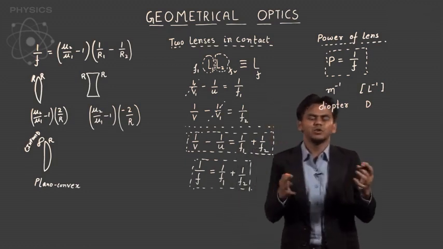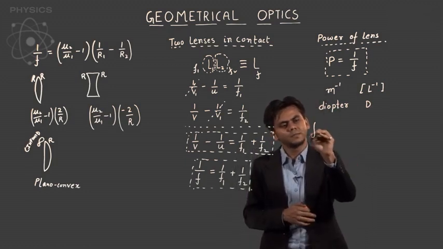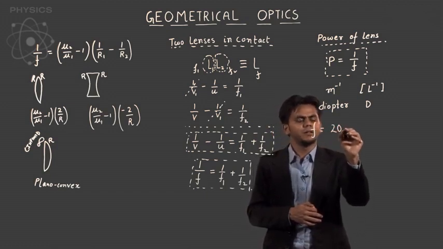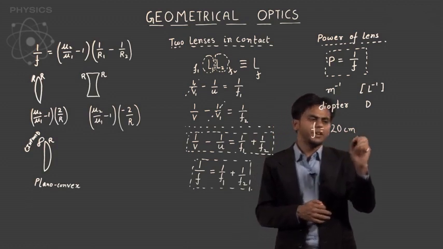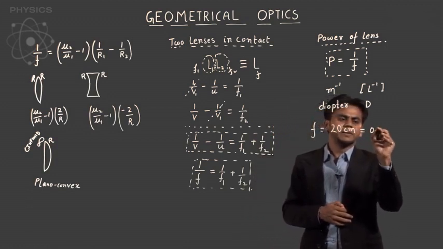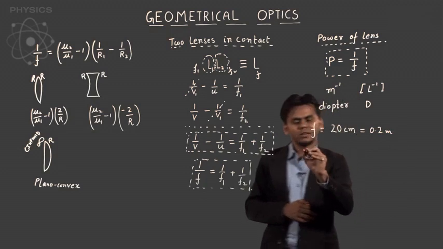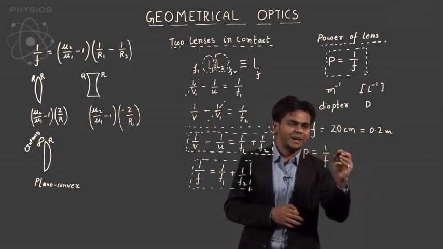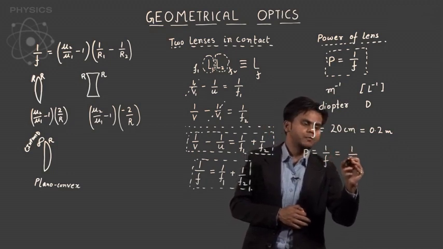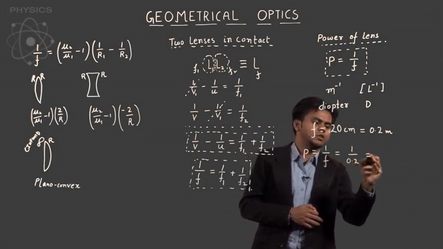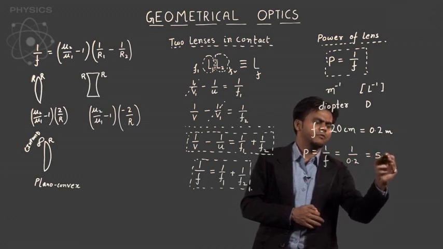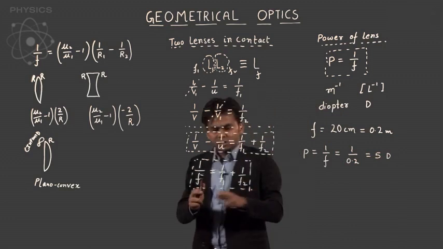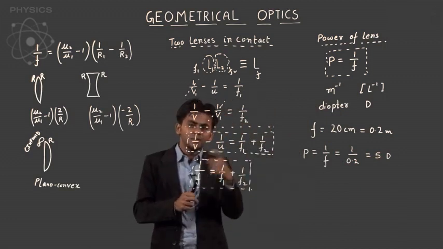So which means if you have a focal length of 20 centimeter, for positive, I'll first convert it to meters, and then your power would be equal to 1 by f, which is 1 by 0.2, which is 5 diopters.